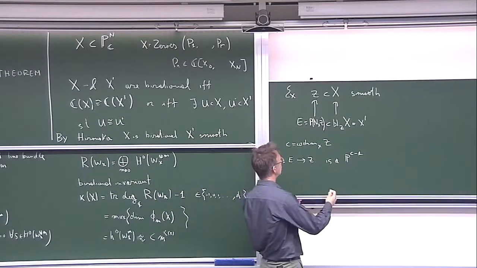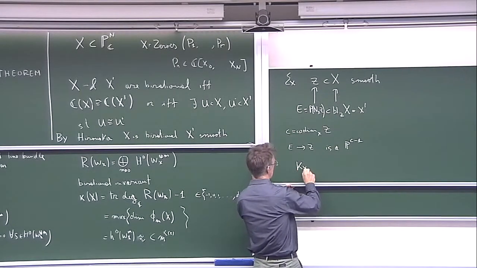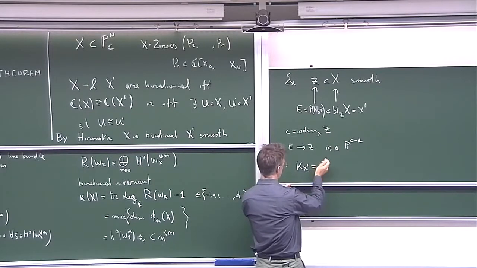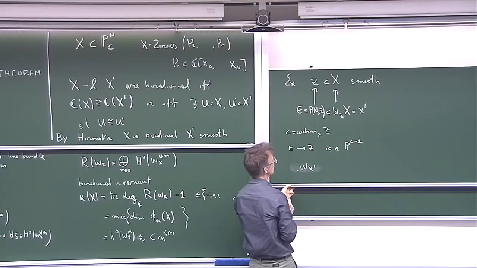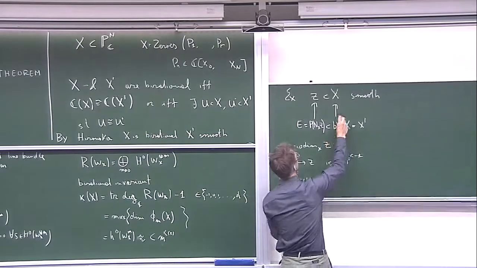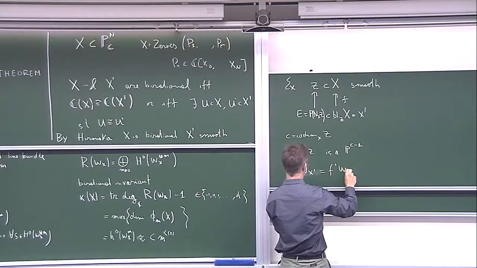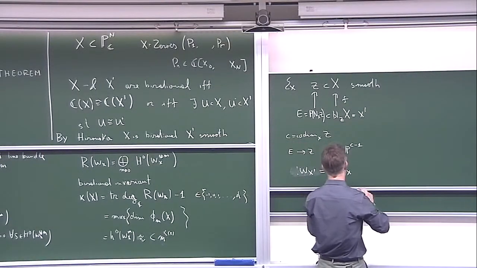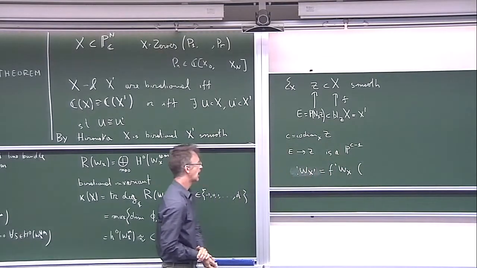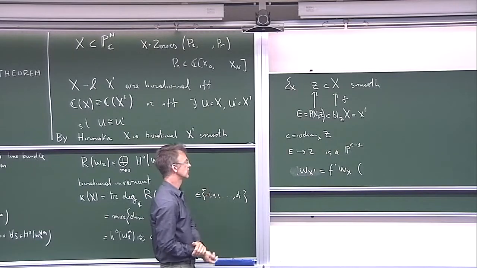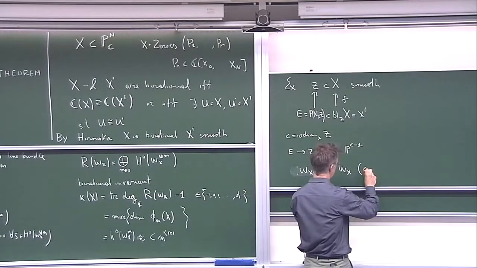And an easy local computation will allow you to relate the canonical bundle of X prime with, it's easier to write it still in. So the canonical bundle of X prime, let's denote this map by f, will correspond to the pullback of the canonical bundle on X, where now you can allow poles on the exceptional divisor to order.